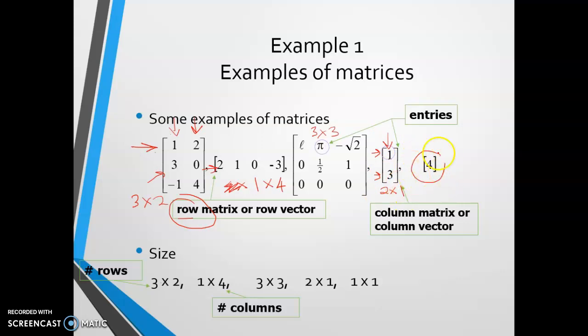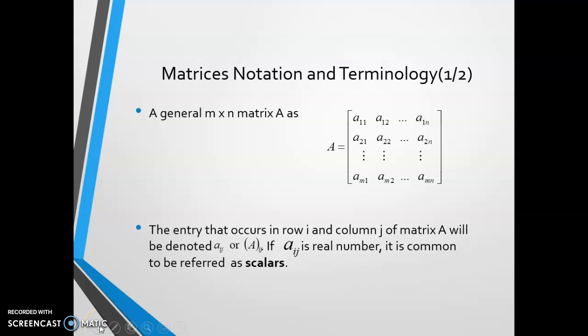So this one 1 row and 1 column, so 1 by 1. So inside the array known as entries. So for 1 by 1 matrix, it has one entry, 4.